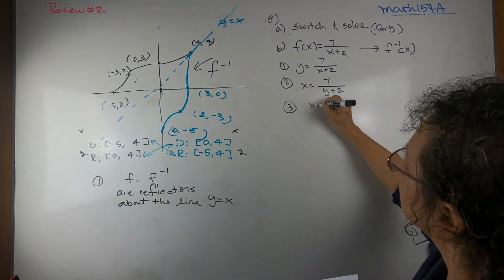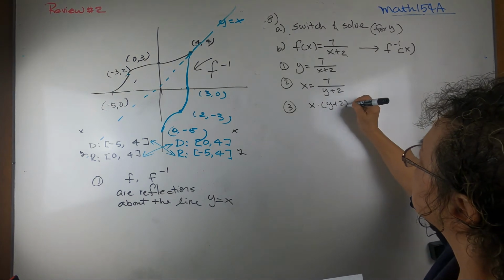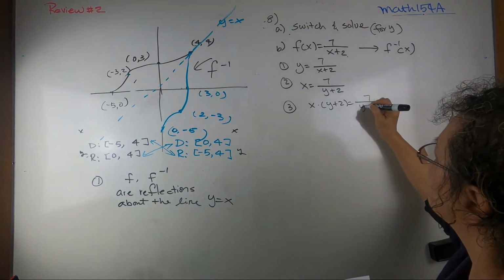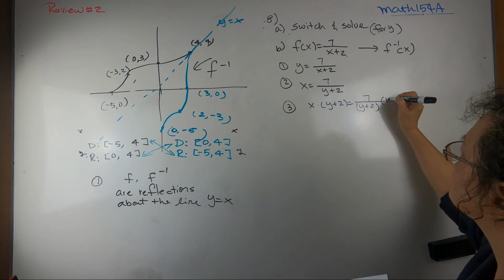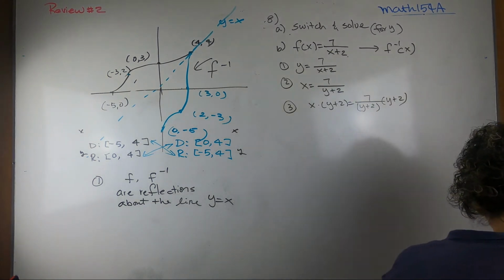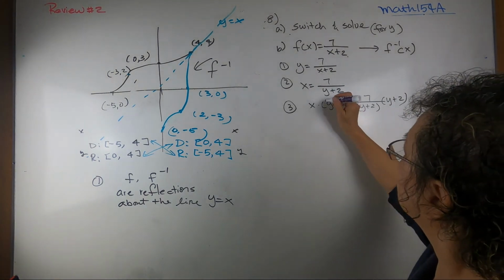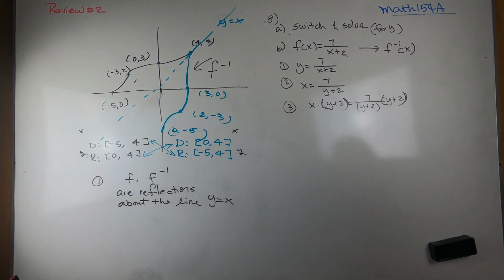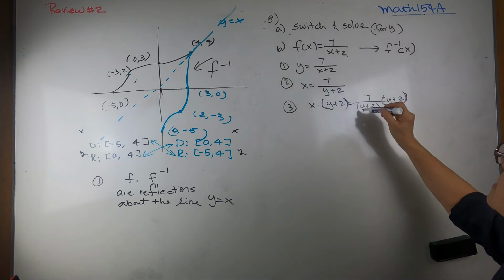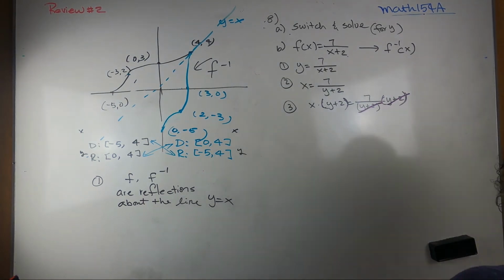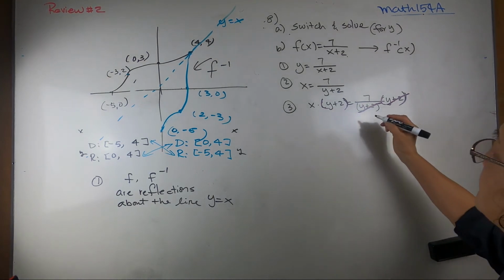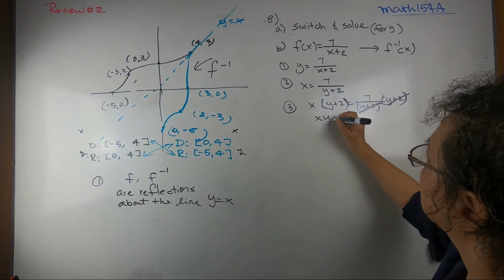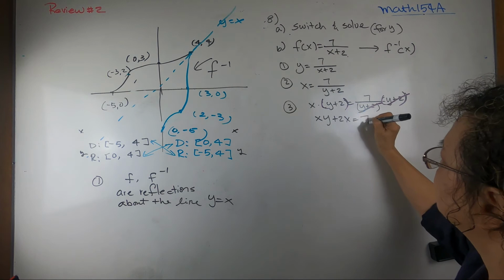We multiply by the denominator, both sides times this, right? So what do we have? Then we will have xy plus 2x equals 7.